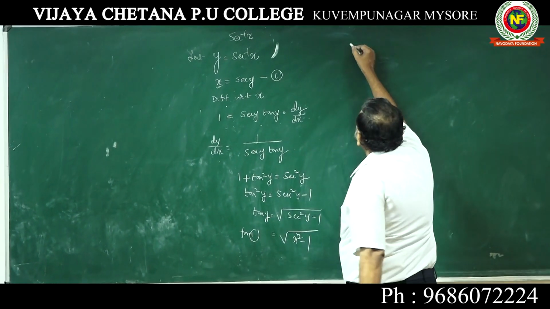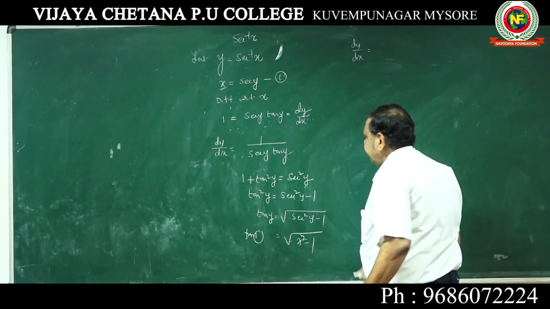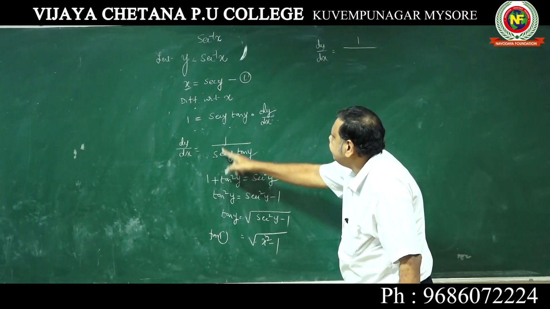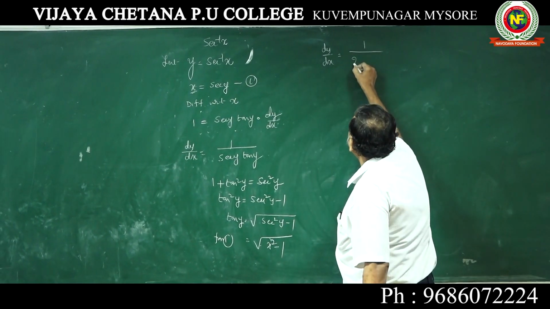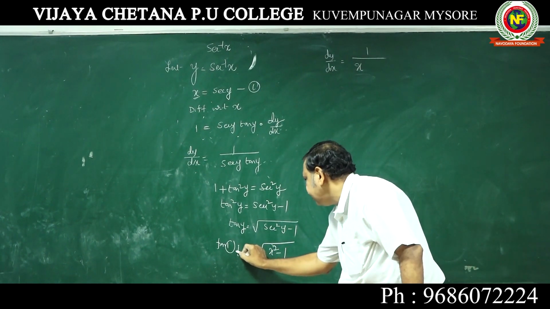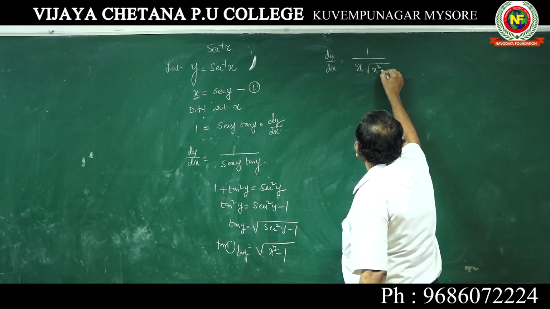Now dy by dx is equal to 1 over secant y tan y. Secant y you can substitute x, and tan y you can substitute. Tan y is root of x square minus 1. All of you understood?